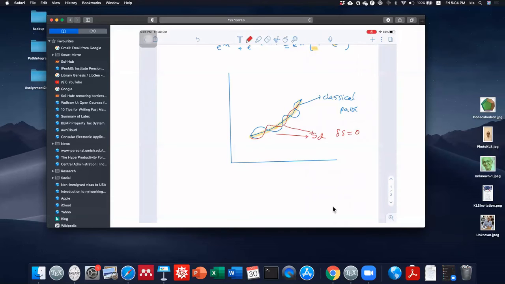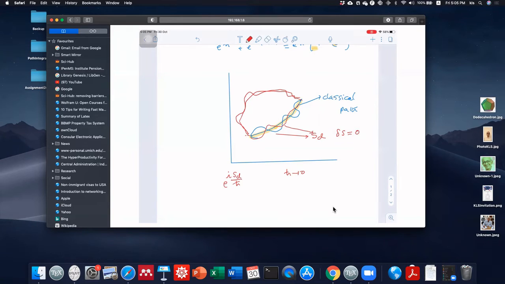So if you think of adding up contributions from all these paths, all of them will make the same contribution, e to the power of i S classical divided by h cross. So in the limit where h cross tends to 0, if you think of a path like this and another path in the neighborhood, these paths will tend to cancel each other when you calculate the path integral.